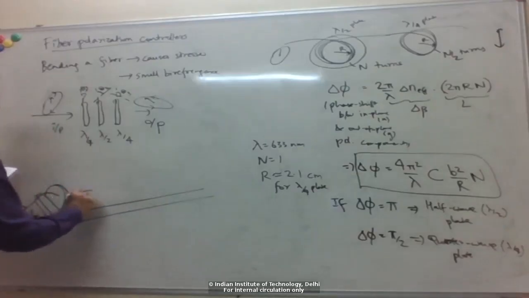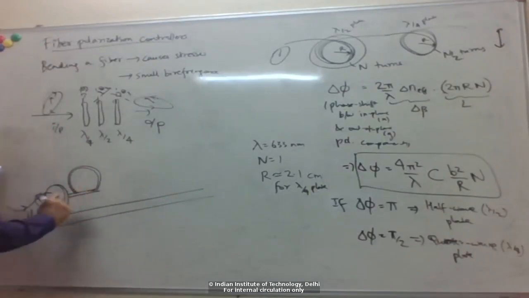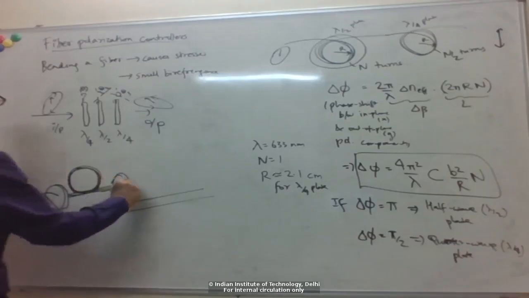Okay, so you have a plastic spool kind of thing here, and the fiber goes in here and is wound around this spool here. And then you have another section like this.